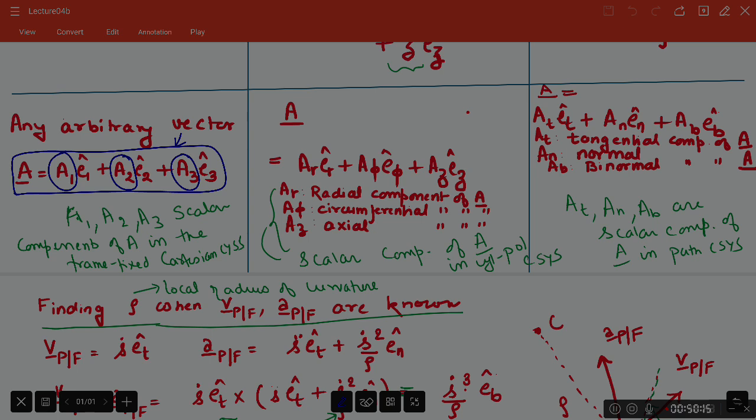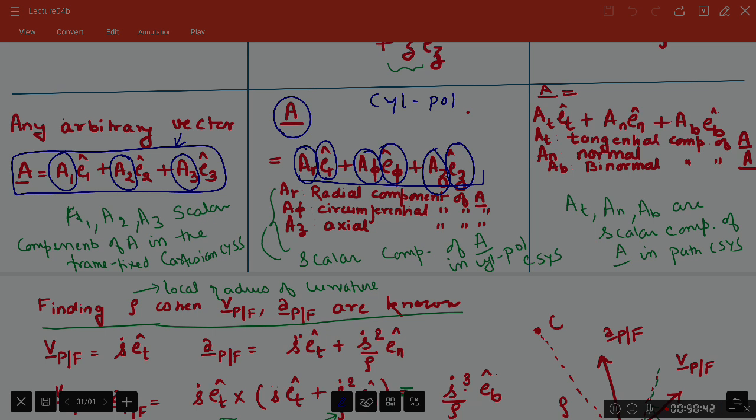If your working coordinate system is cylindrical polar, then you would like to express vector A as this: a scalar component multiplied by ER, another scalar component multiplied by E phi, another one multiplied by Ez.